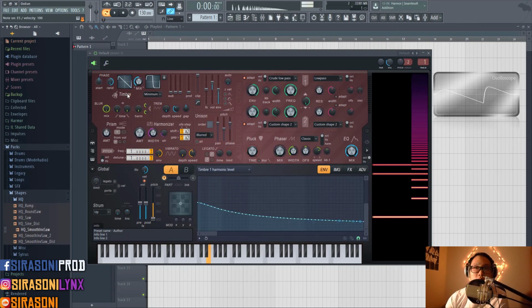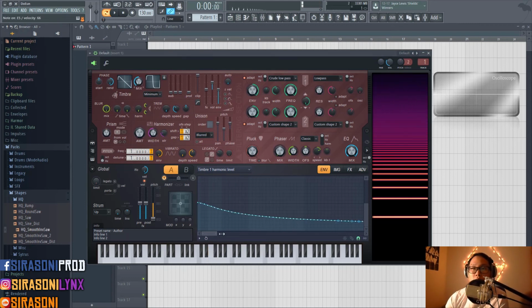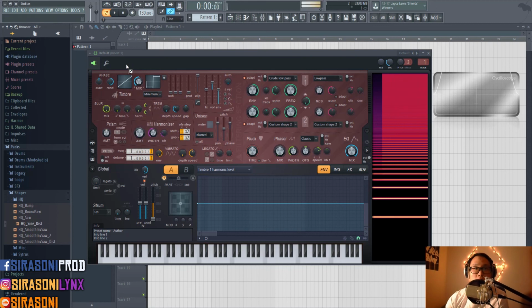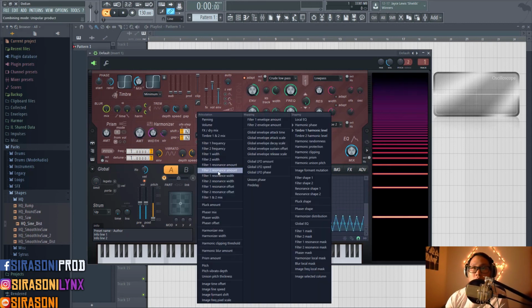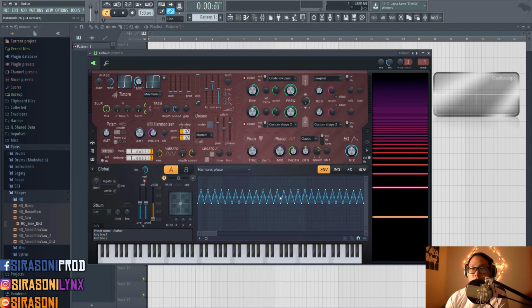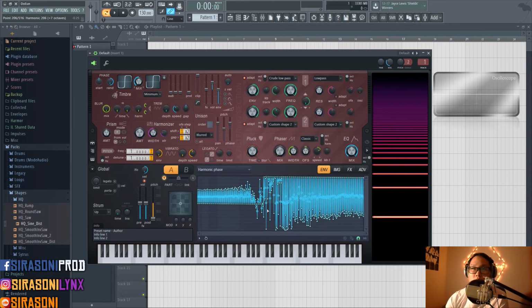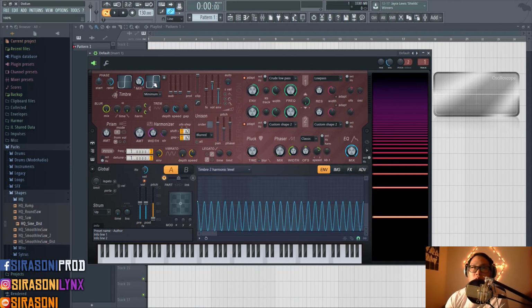And then you guys can see the Timbre 1 harmonic levels change totally. Boom. All good. And what also changes is the harmonic phase, because each shape has a different harmonic phase, right? The harmonic phase is the same for Timbre 1 and 2 though, so make sure you guys get that.